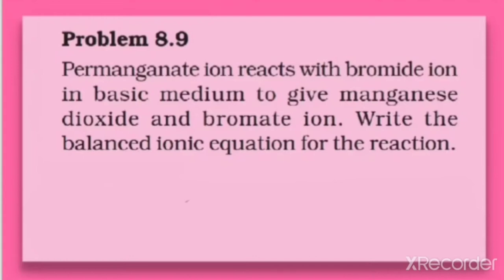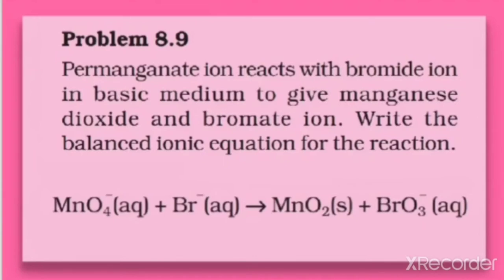For that we need the formula for permanganate ion. We write MnO4 negative for permanganate ion, reacting with bromide ion, that means plus bromide ion. The formula for bromide ion is Br negative, and that is in the basic medium.